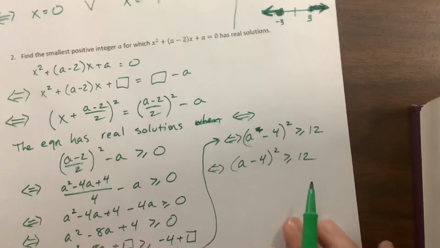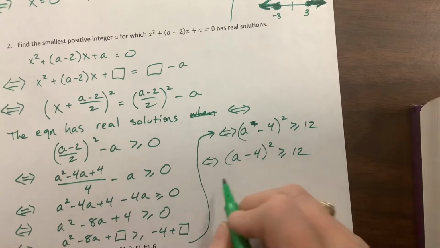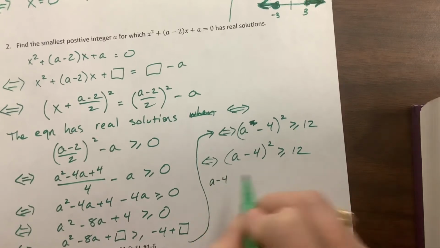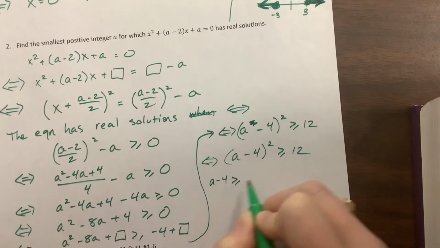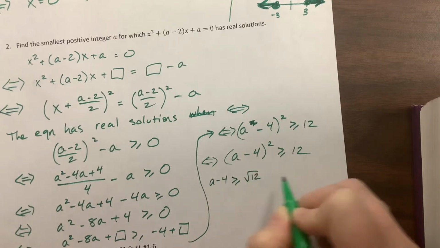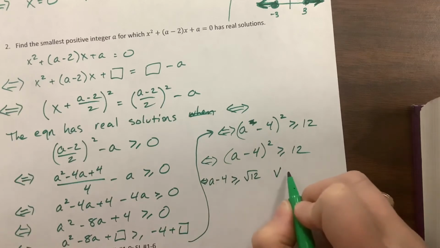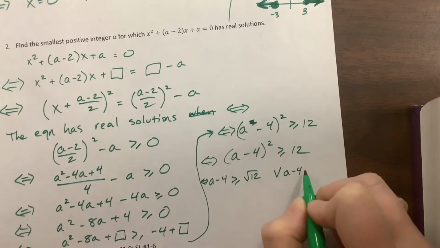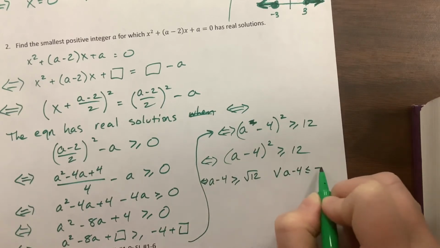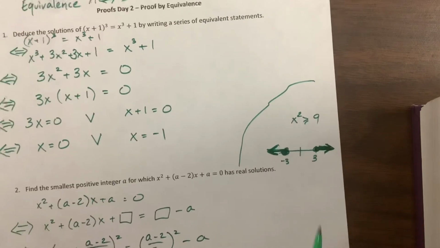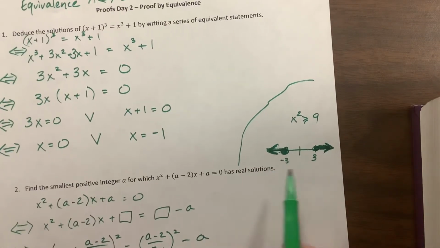Okay, so down here I'm doing something very similar. I either want a minus 4 to be greater than or equal to a positive root 12, or a minus 4 needs to be less than or equal to a negative root 12. I picked nice pretty numbers, but what we're doing is staying on the outsides.